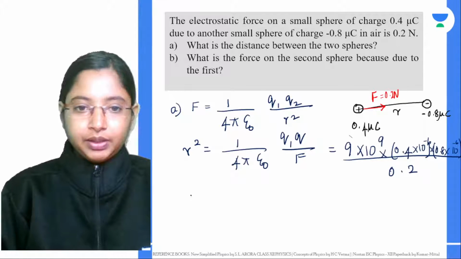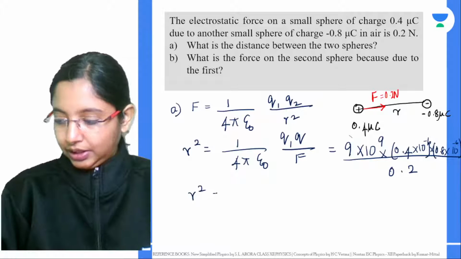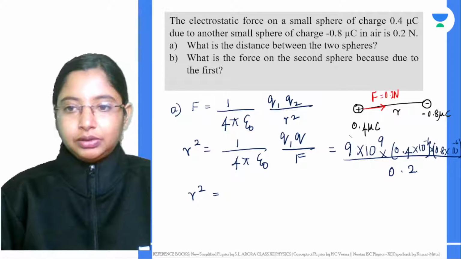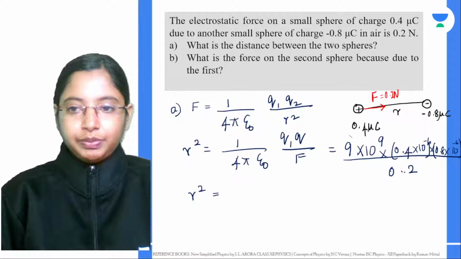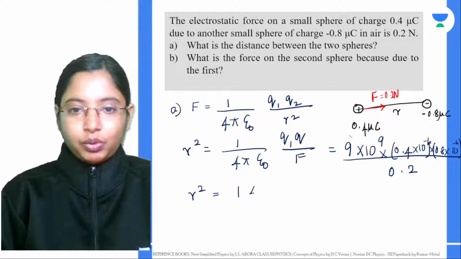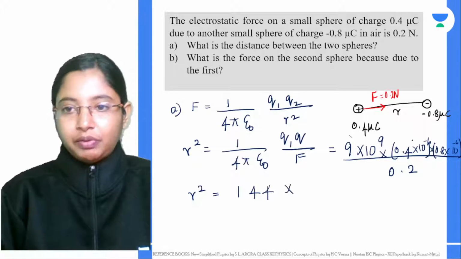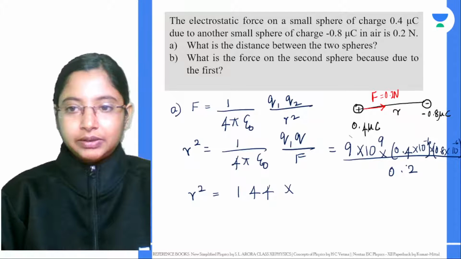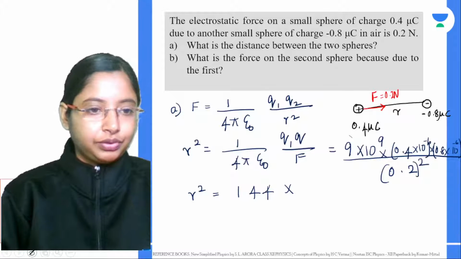0.2. So if you find the value for this, you will get 0.2 times 0.8, which is around 1.6, times 9. This will be somewhere around 144 into power terms minus 6, right? Sorry, this is a force, so not square.